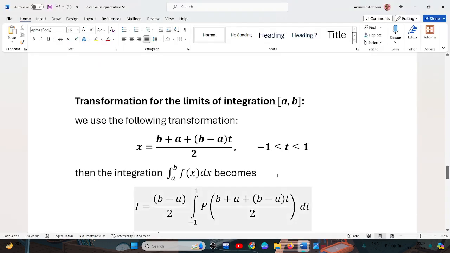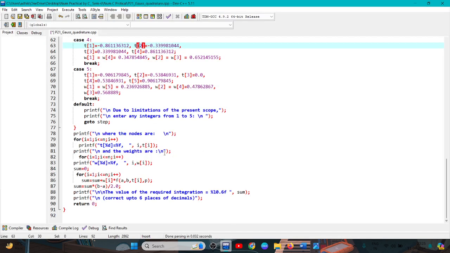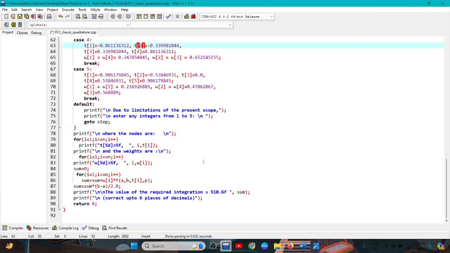Actually the formula is (b minus a) by 2 times w1 f(t1) plus w2 f(t2) plus up to wn f(tn). And so sum equals (b minus a) by 2 times the sum. The correct value of the required integration is printed to 6 decimal places.